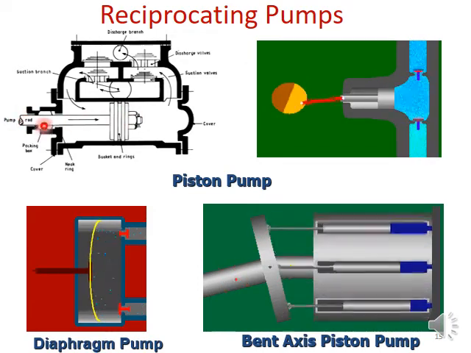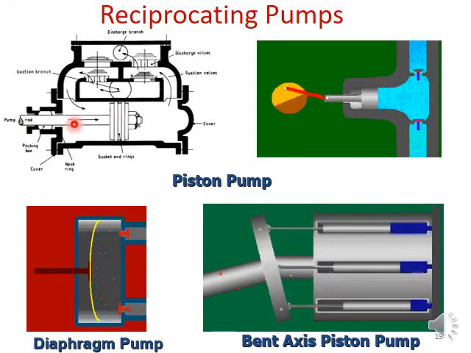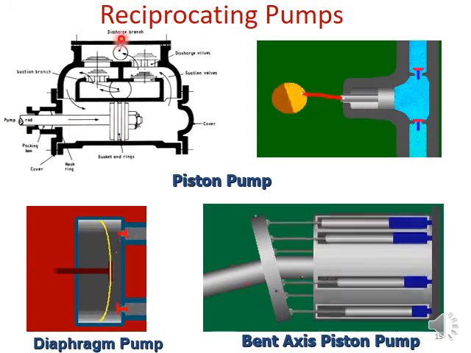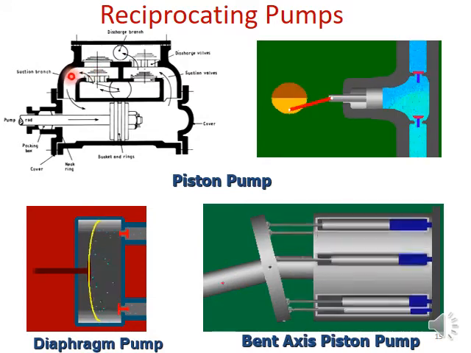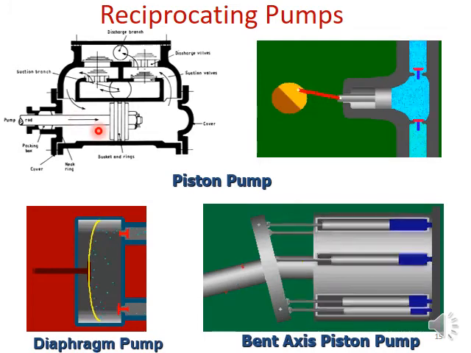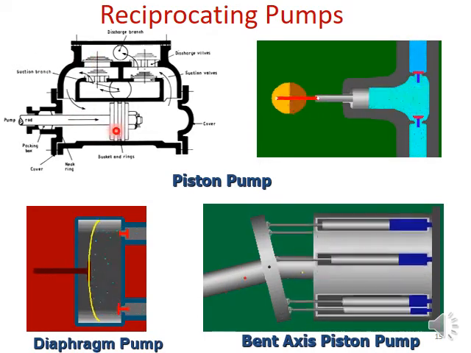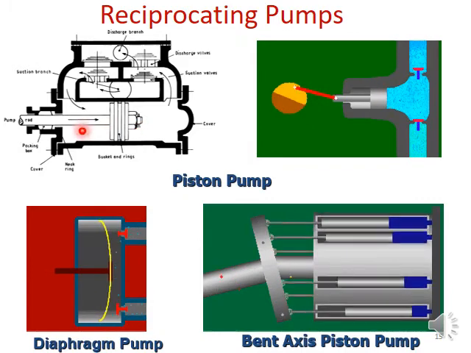By the reciprocal motion of this piston, you can arrange to suck fluid and pump fluid. That is to increase the pressure and energy of the fluid.